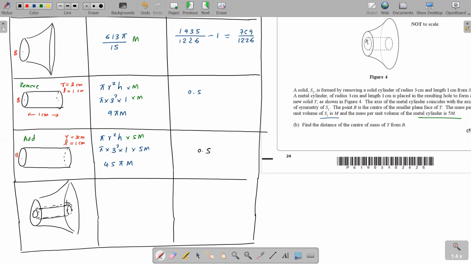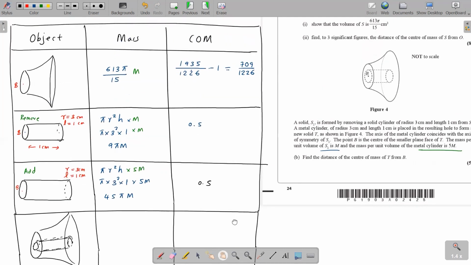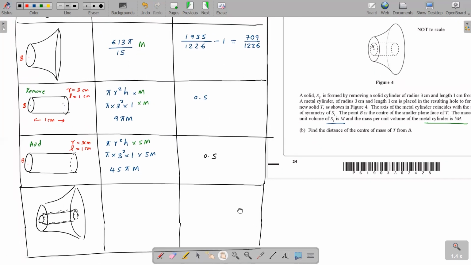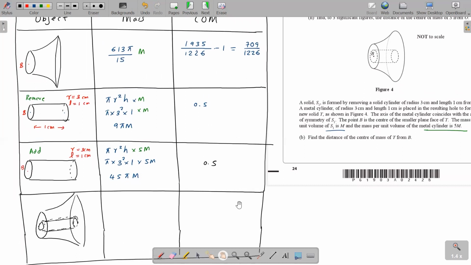Okay, so now let's get the total mass. What's the total mass of this object now? 613 pi over 15 m. You subtract the 9 pi m and you add the 45 pi m.